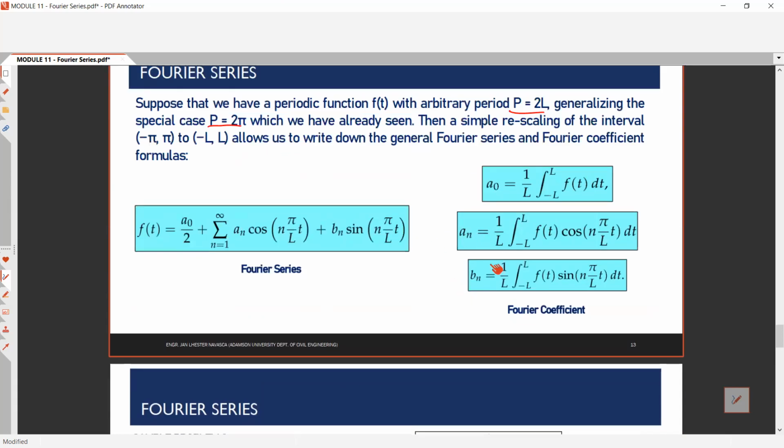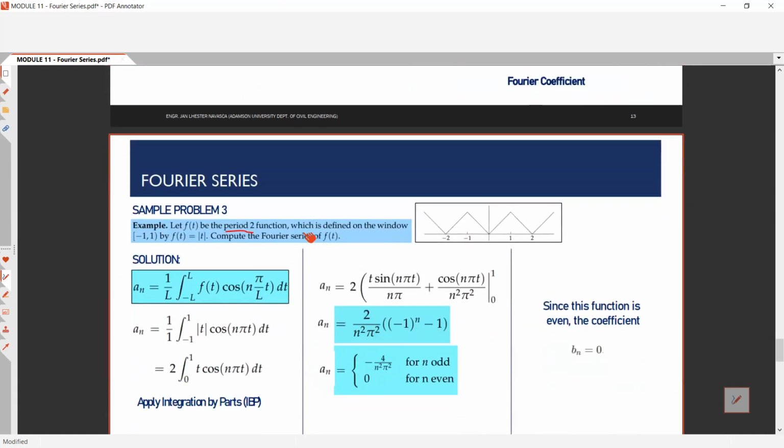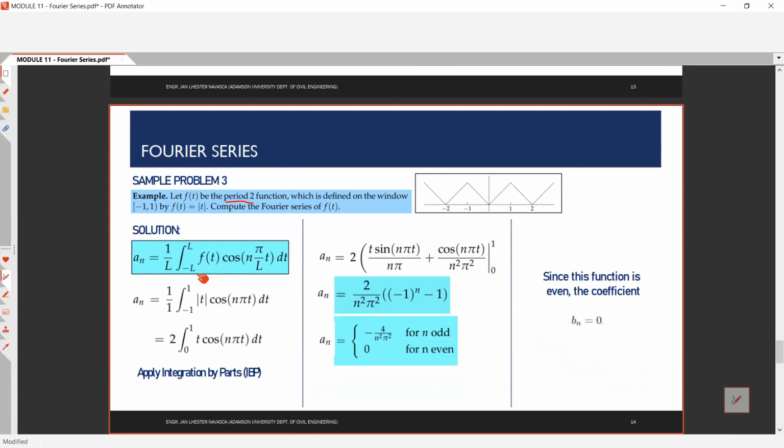So a sub n is equal to 1 over L integral of f of t cosine n pi t over L dt from negative L to L. So ano yung L natin?